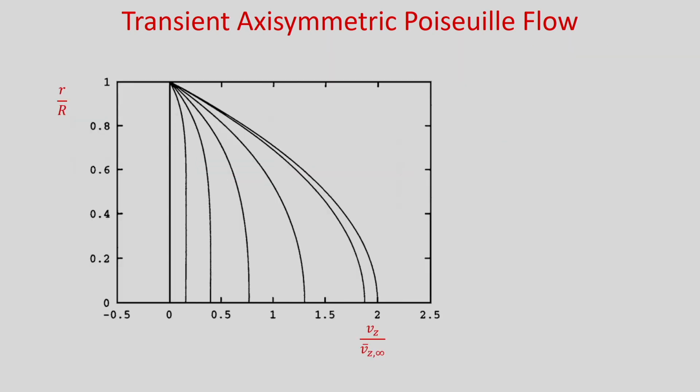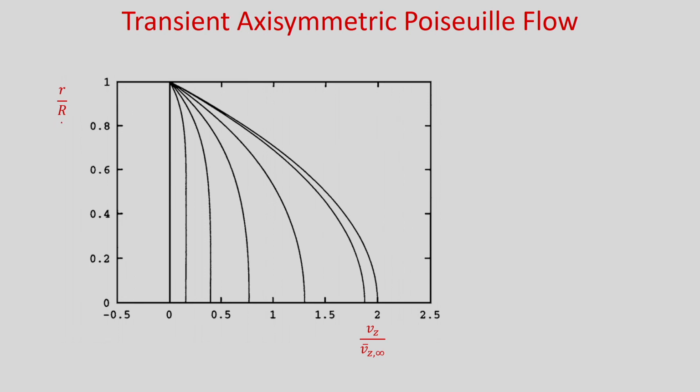So, now let us see the evolution of this velocity profile. On the y axis we have plotted r by R, and obviously it will vary from 0 to 1; at r equal to R it will become 1. Here we are plotting vz, which is your transient velocity profile, and v bar z infinity, which is your steady state Hazen-Poiseuille flow velocity profile. Okay.